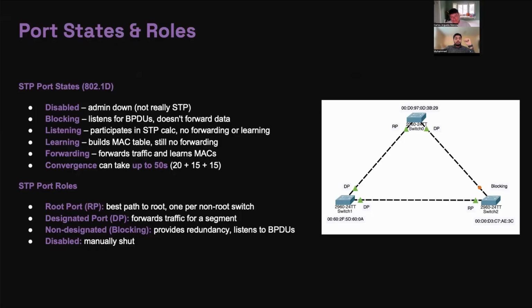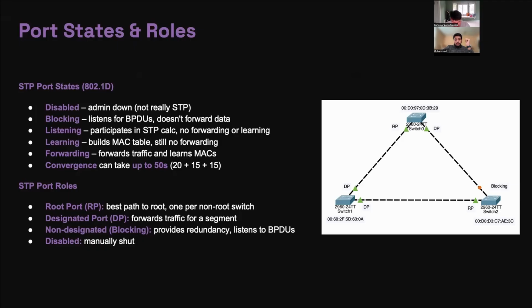And for the STP port roles, as Carlos mentioned before, there was root port. So root port is the best path to the root switch, the root that you elect. Like Carlos mentioned before in the fundamentals, you elect a root bridge, or root switch.